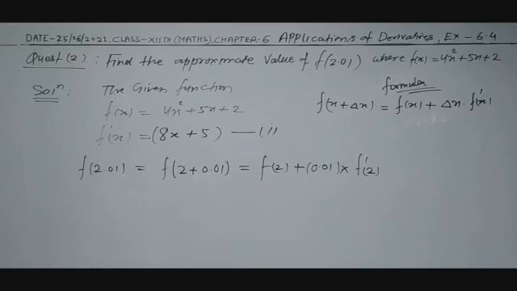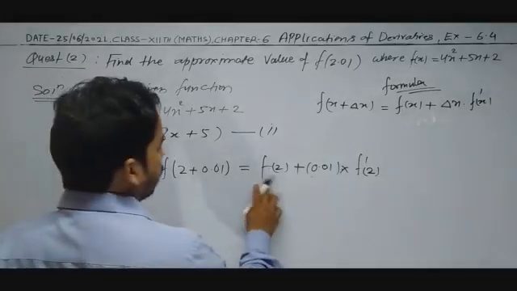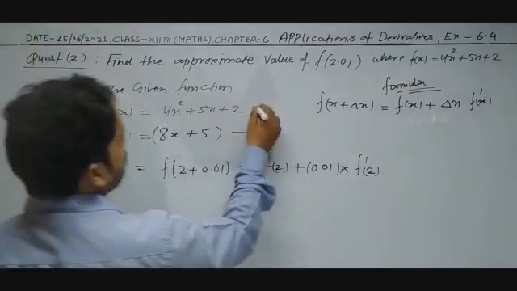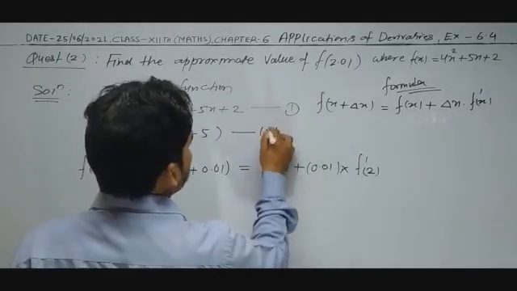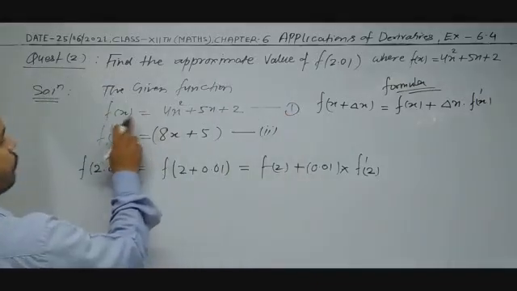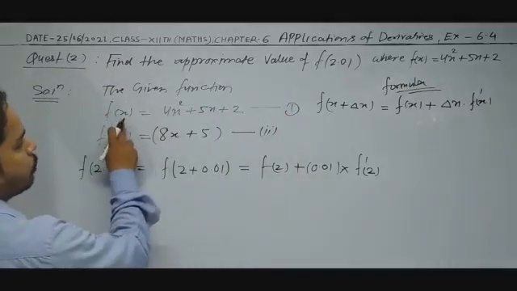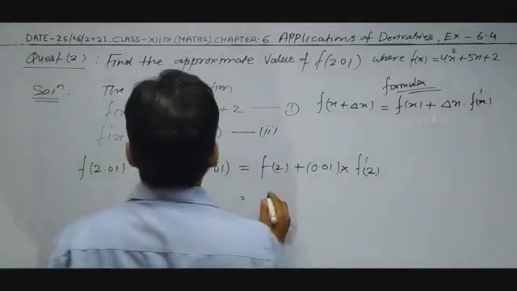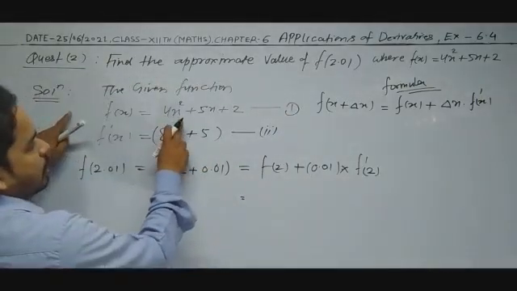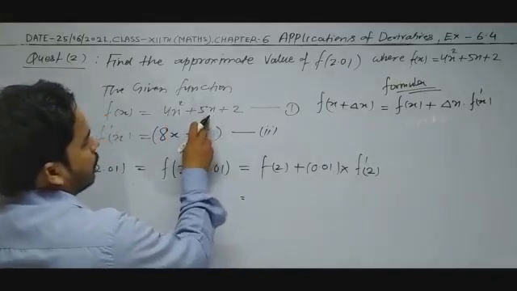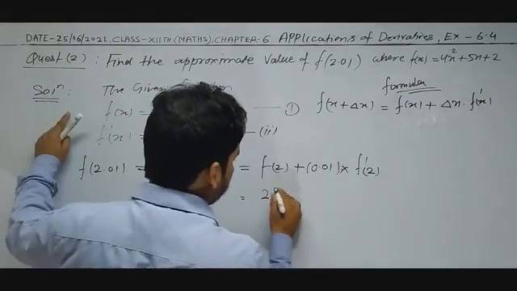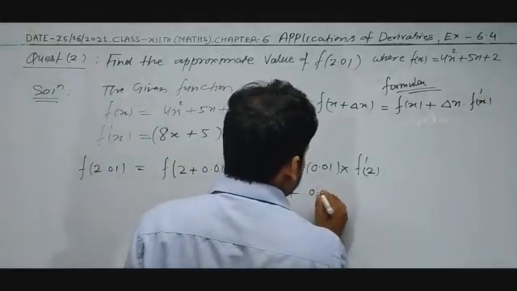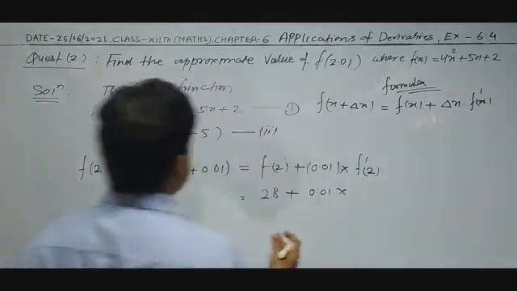So you have to calculate f2. When you put 2 in place of x in equation 1, you will get f2, and the f2 result will be 4 fours are 16 plus 10, 26, plus 2, that is 28, plus 0.01 multiplied by f dash 2.